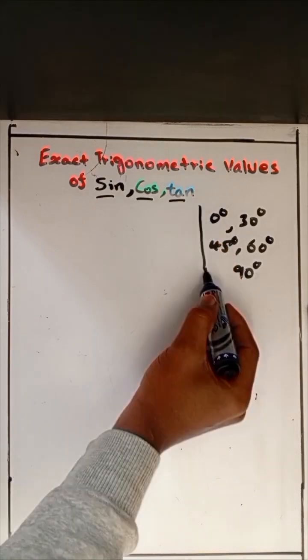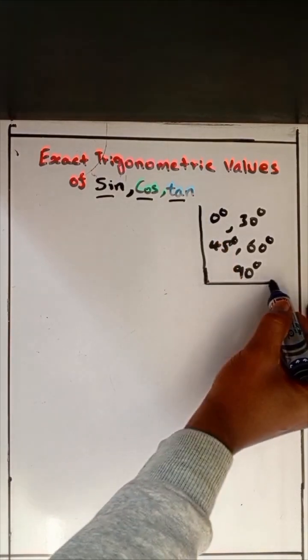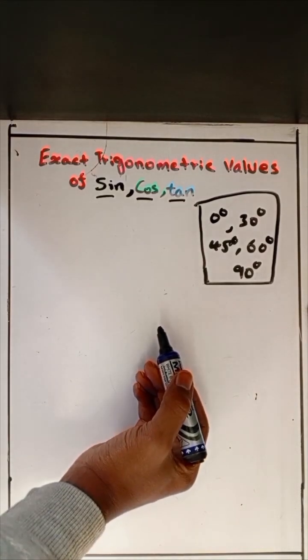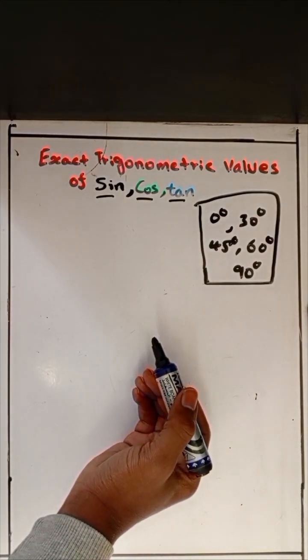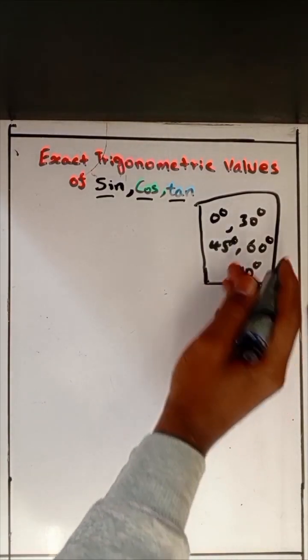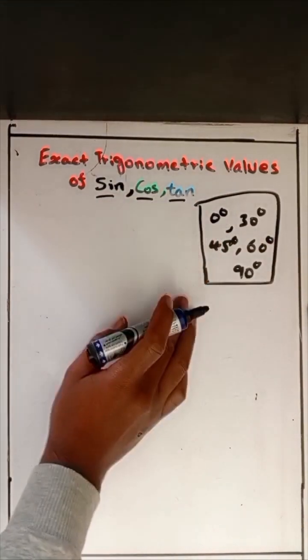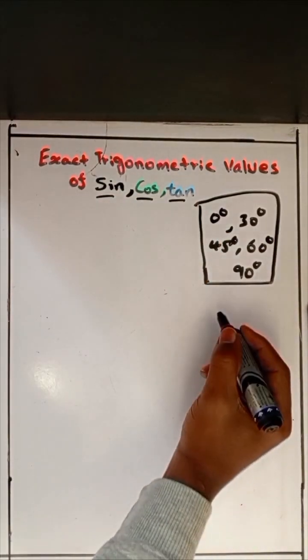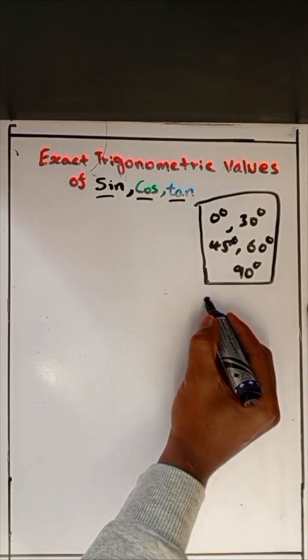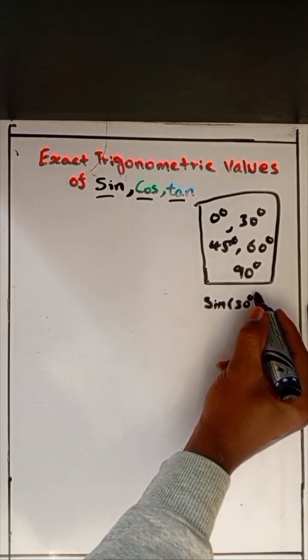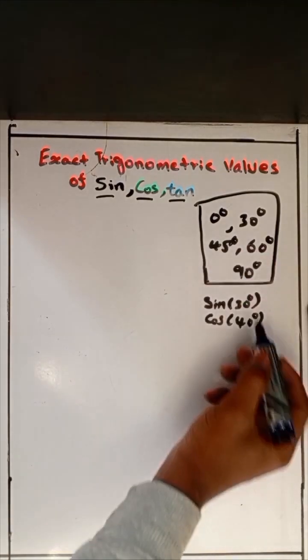These are basic angles which appear in most mathematical problems related to trigonometric functions. Therefore, how do we remember the values of these trigonometric functions at the given degrees? For instance, you have to remember the sine value of 30 degree and the like.